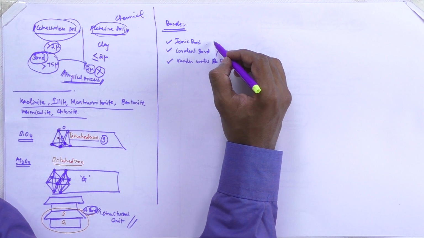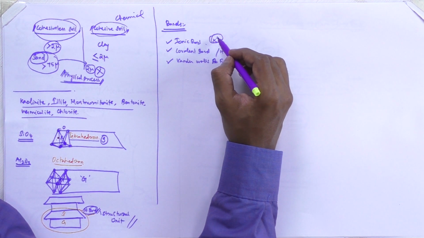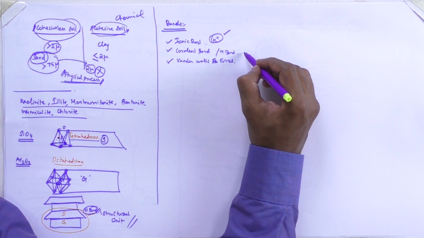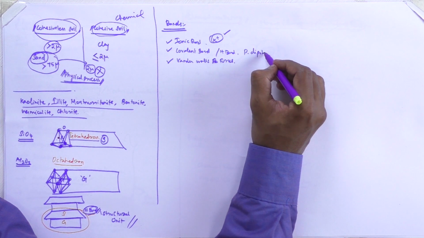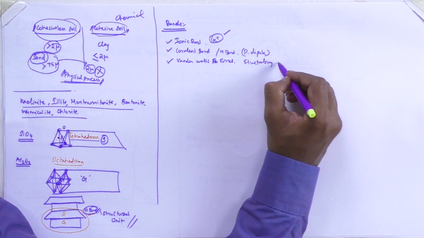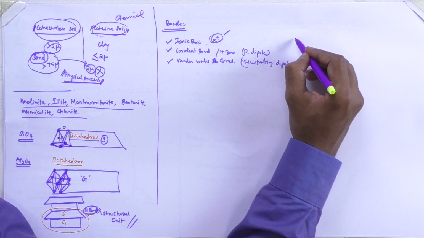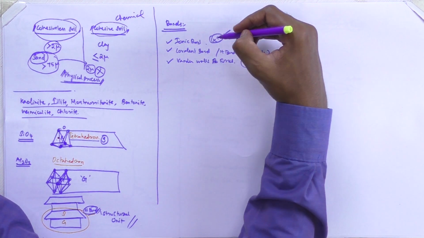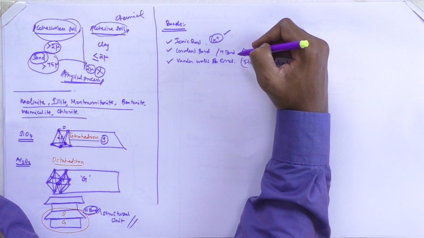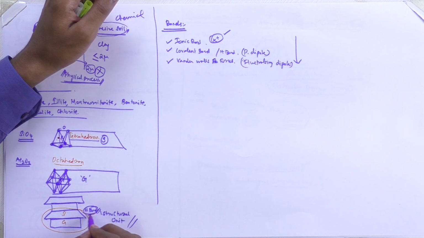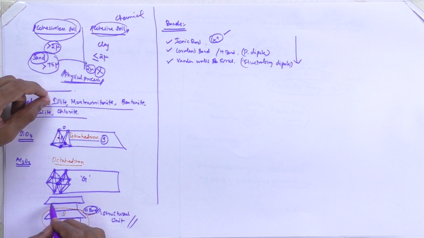Ionic bonds are like a K plus bond, which is comparatively higher in force. Covalent bonds are permanent dipole bonds. Van der Waals forces are fluctuating dipoles. As I am ordering, it is in descending order: the first bond is strong, the next comparatively lesser, and the next comparatively lesser still. Here we have a hydrogen bond, a permanent dipole bond, so it can combine another basic structural unit into contact.